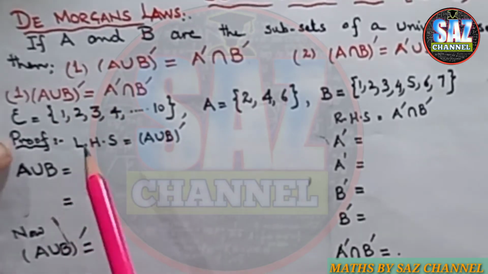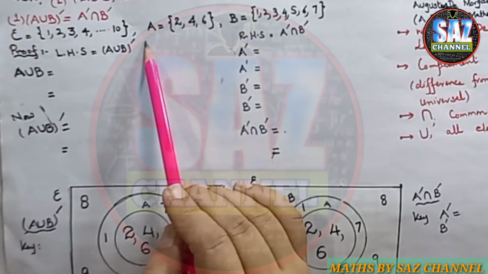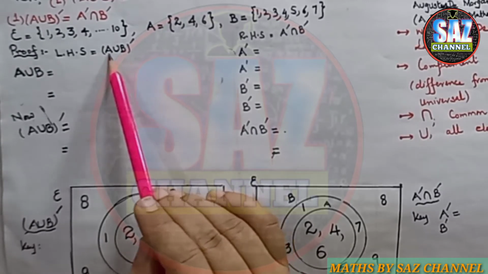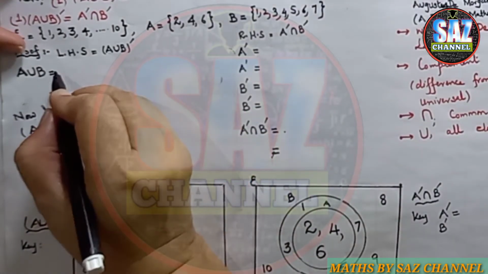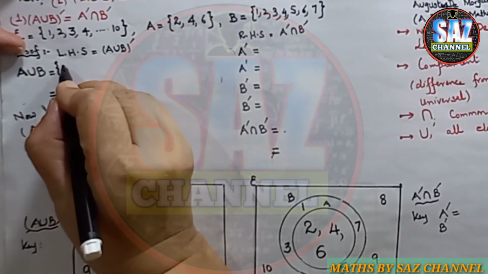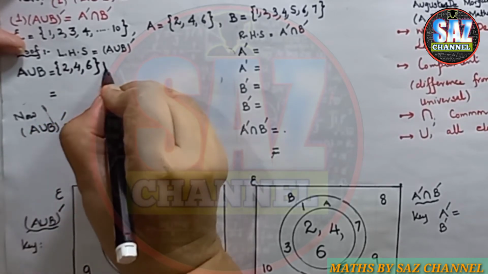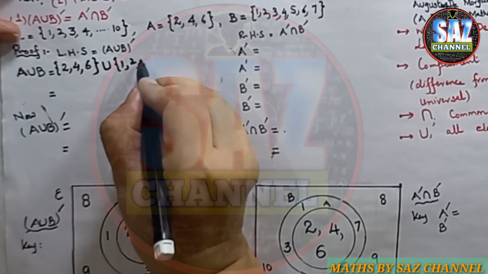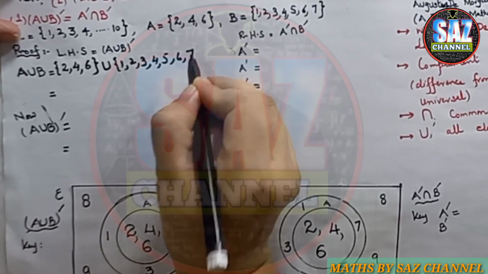So let's take the left hand side of the equation, that is (A union B) whole complement. First of all, the bracket tells us that we have to solve the operation inside the bracket, which means I have to take the union of A and B. Set A has the elements 2, 4 and 6, union B, which has the elements 1, 2, 3, 4, 5, 6 and 7.